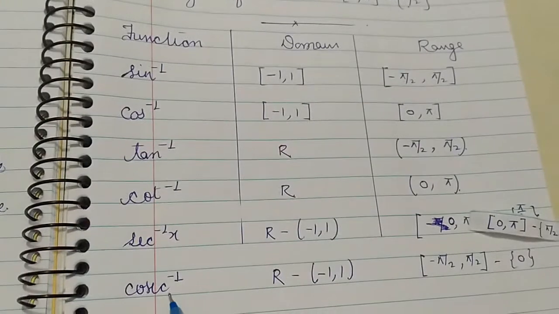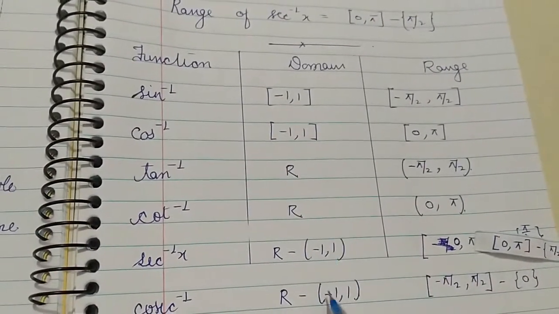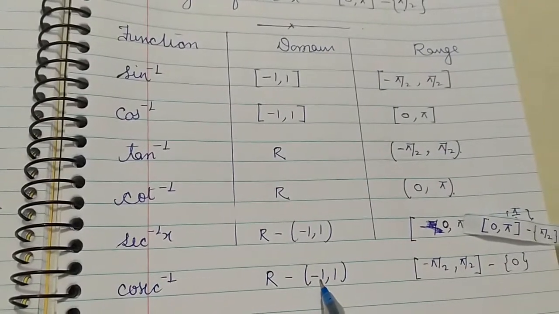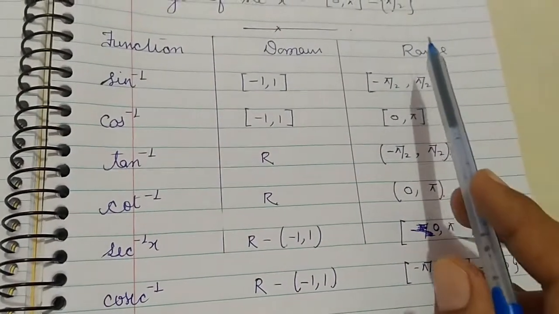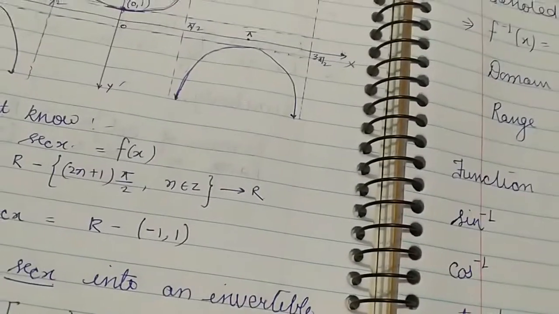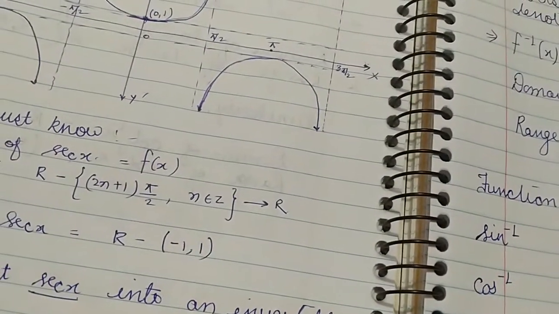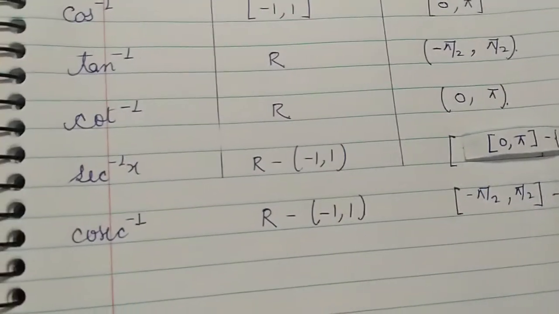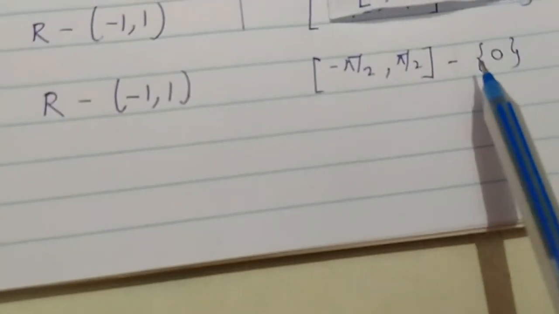About sec inverse x and cosec inverse x, again the domain of both the functions is the same, and the range of sec inverse x is 0 to pi minus pi by 2, and the range of cosec inverse x is minus pi by 2 to pi by 2 minus 0.